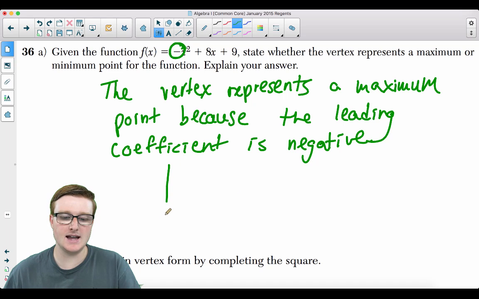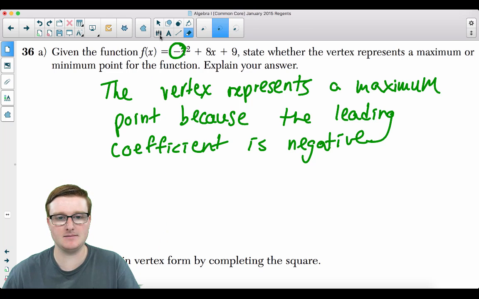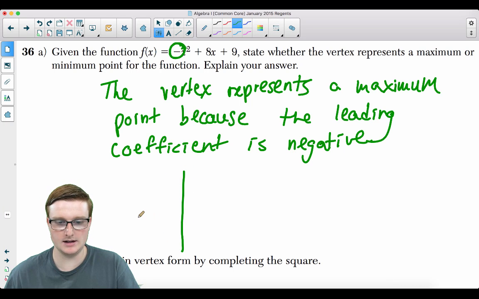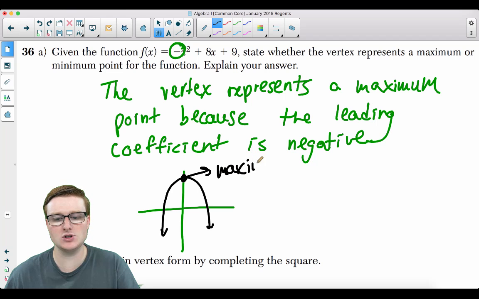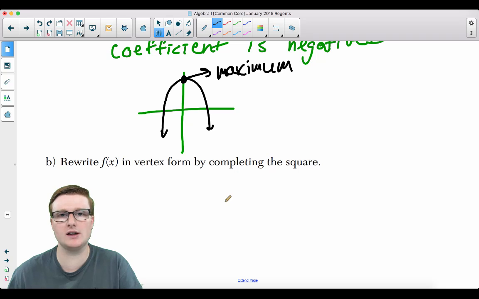And remember, when it's negative, your parabola looks like this. If I were to graph it on a set of axes, the parabola will look like this, and this is your vertex up here. That would be considered a maximum. Now, of course, you could draw a picture on your Regents. They would love for you to draw a picture on your exam, so you could draw that if you really wanted to. Now it says, rewrite f of x in vertex form by completing the square.